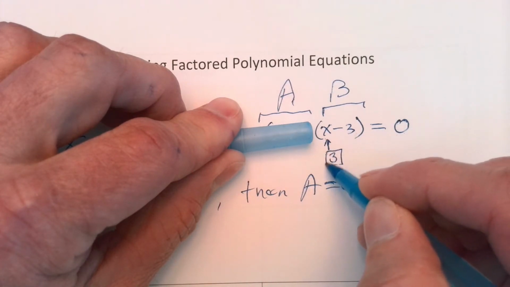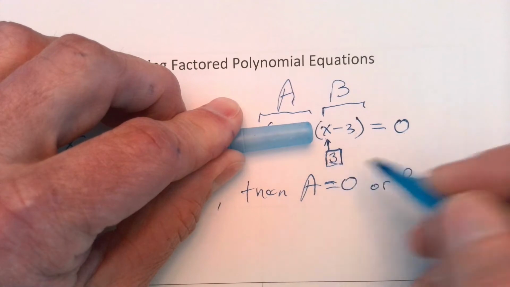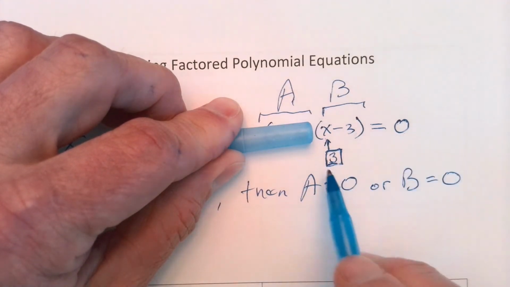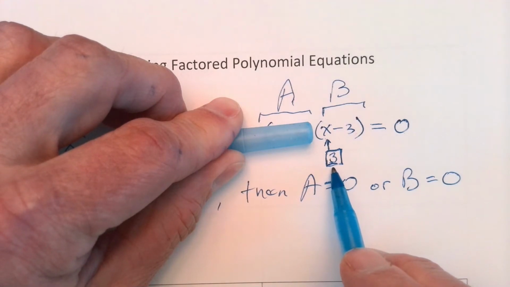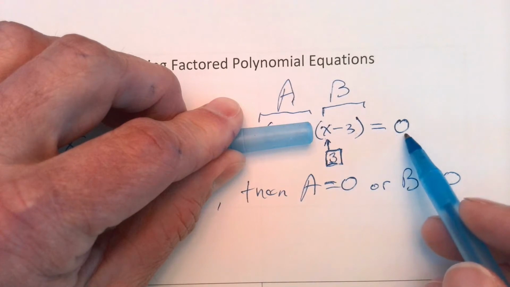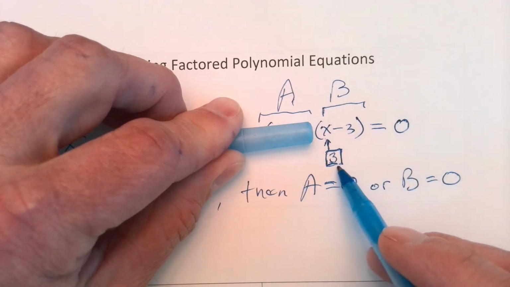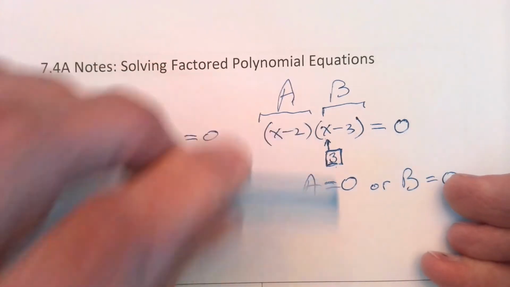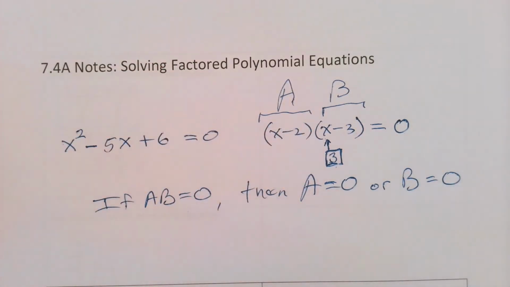These answers have different names. Sometimes they're just called answers, but more often than not, they're called roots. They're also called zeros because they help the calculation come out to 0. So that 3 is a solution, an answer, a root, and a 0. It's all 4 of those things. And when you have 2 different factors like this, there's another answer.